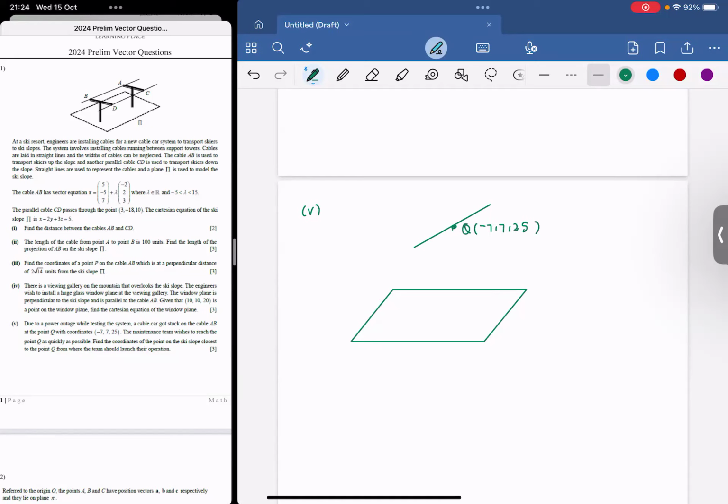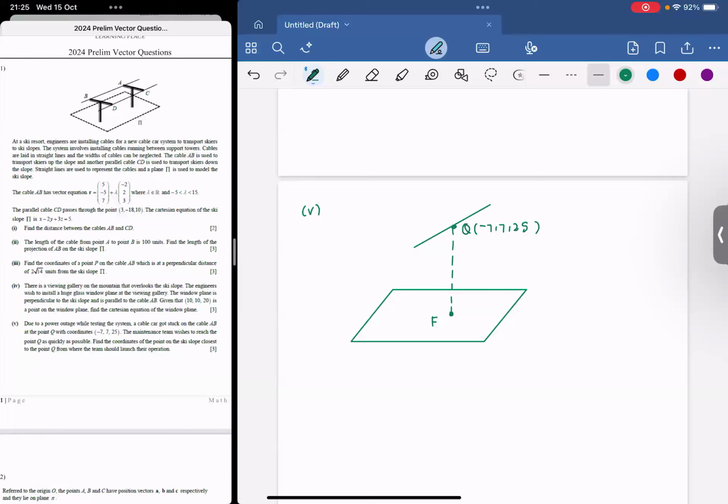They ask what this distance is. So this point I can call F. This is actually just the foot of the perpendicular of a point.